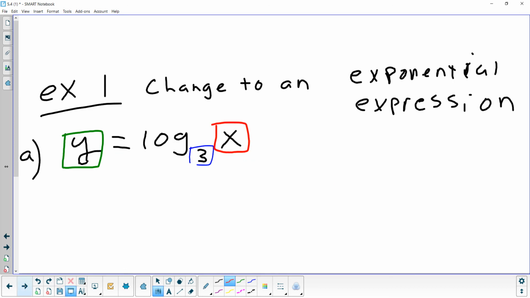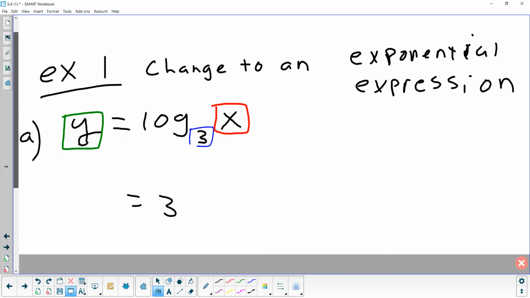So let's try this one. I want to convert this equation into an exponential expression. Let's start with the 3. What is the 3 called again? That's my base. So that's going to be my base when I rewrite it. Logarithm always equals what kind of number? Exponent.